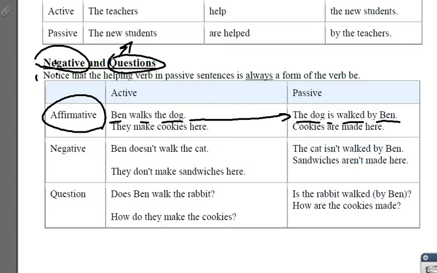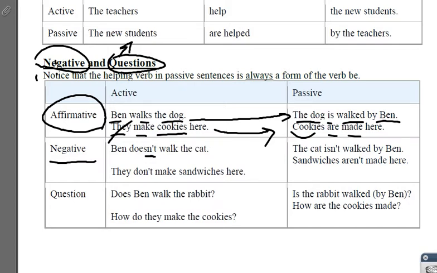Object, verb to be, past participle, and by the subject. They make cookies here. So cookies, object, are made here. So you can notice that we didn't write they. We can say by them or not. This is optional.